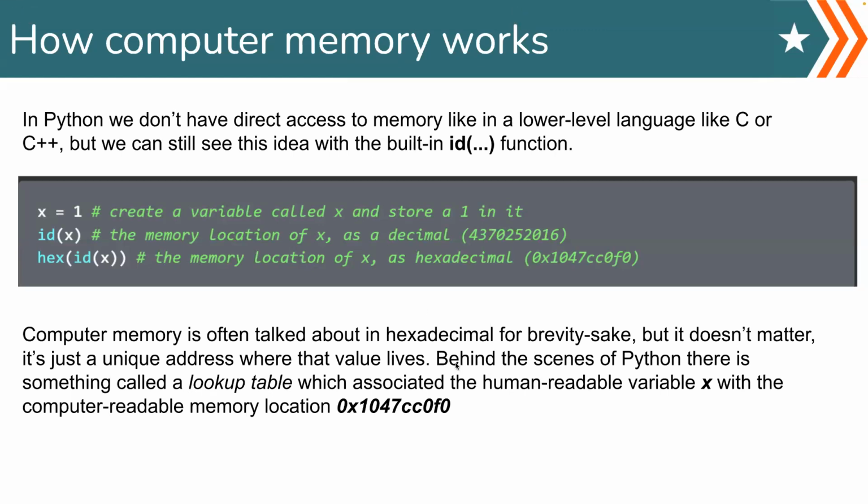And every time we create a variable in a Python program, Python has to know where this variable lives and uses something called a lookup table, which is pretty common for programming languages, that says, when I use this variable X, go to this memory location. Because what the computer actually executes is not our source code.